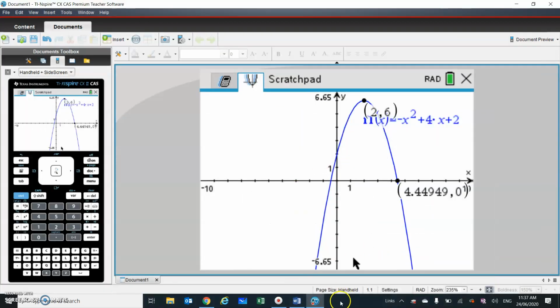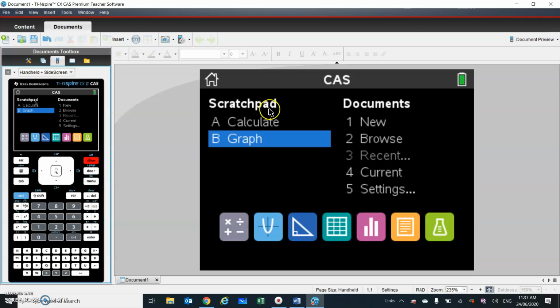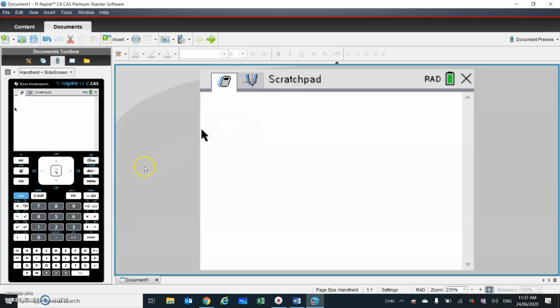A few ways you can do that. You can graph it on here. You could also graph the line y equals 5 and find the points of intersection, and it's only the second point of intersection you're looking for. A faster way, I would do it using calculate, using solve. So when y equals 5, what is the x value the second time?